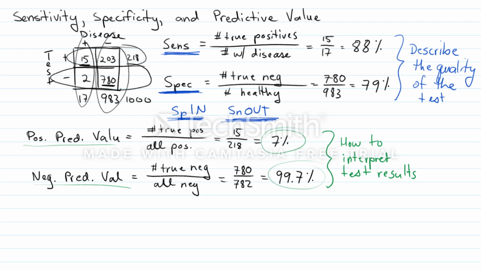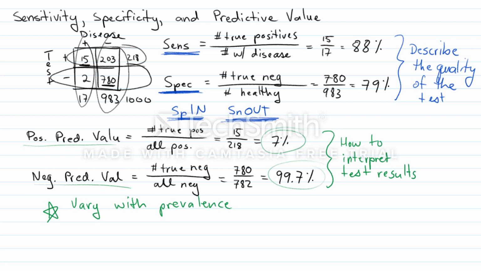Now, the important thing to remember about these, and I'll put a star next to it, this is a critical concept really, is that these vary with prevalence. And prevalence is just basically how common the disease is.